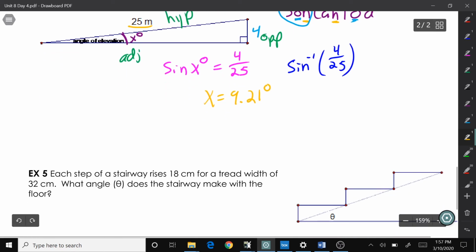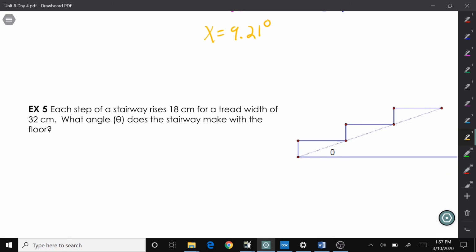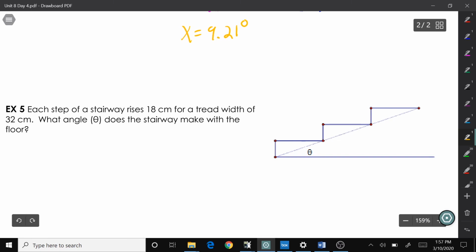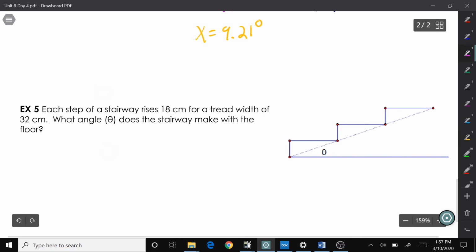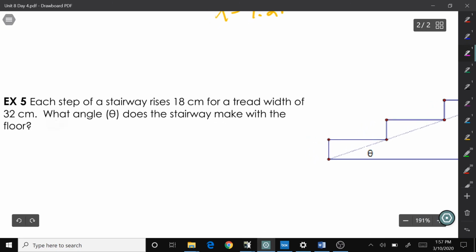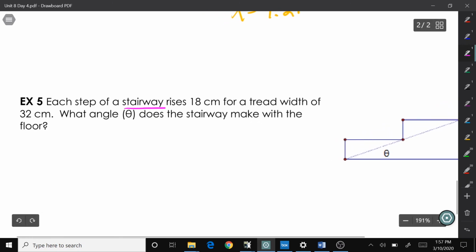All right, now for the last example. It says each step of a stairway rises 18 centimeters for a tread width of 32 centimeters. What angle does the stairway make with the floor? Okay, so let's look at this. Stairway rises 18 centimeters.